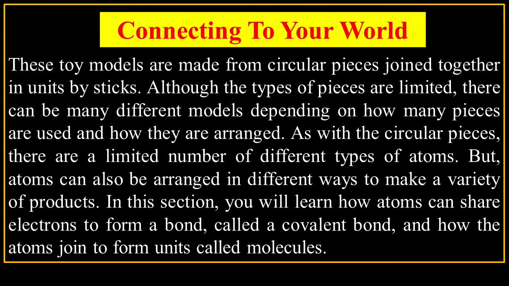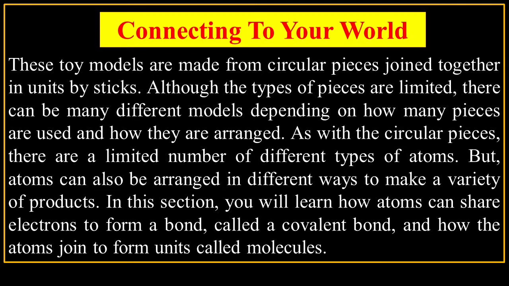These toys are made from circular pieces joined together in units by sticks. Although the types of pieces are limited, there can be many different models depending on how many pieces are used and how they are arranged.